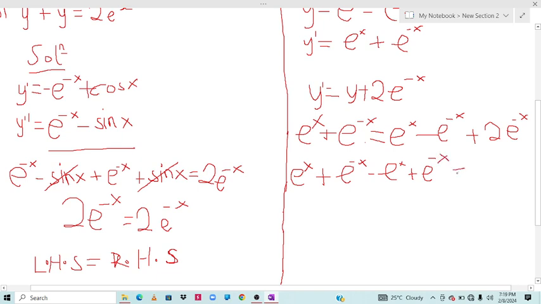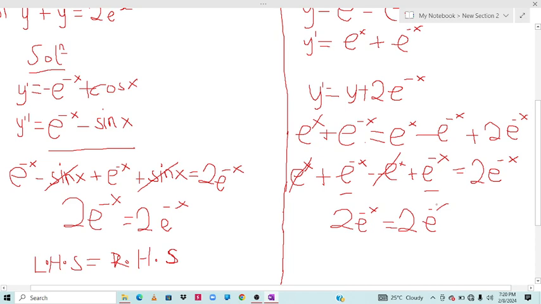So that's equal to our 2e^(-x). Now we can see that e^x is going to cancel negative e^x. Now we have e^(-x) plus e^(-x), giving us 2e^(-x) being equal to 2e^(-x).